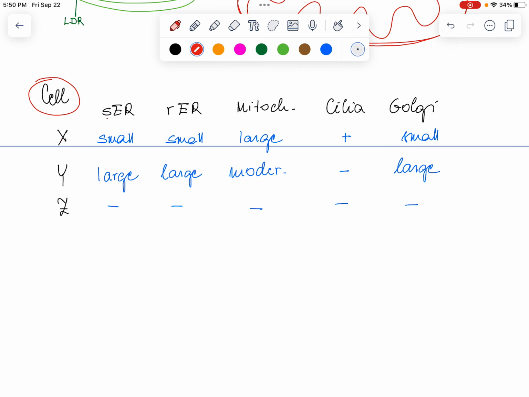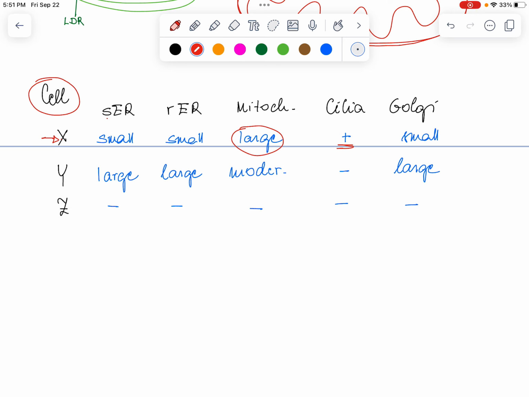Now, how can we support that? How are we going to think? This cell, this X, because it has a large amount of mitochondria, probably requires tons of energy, so it will produce energy, and it's probably because it has cilia for motion.